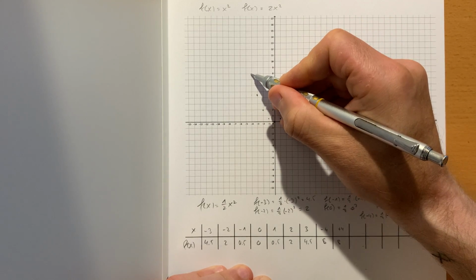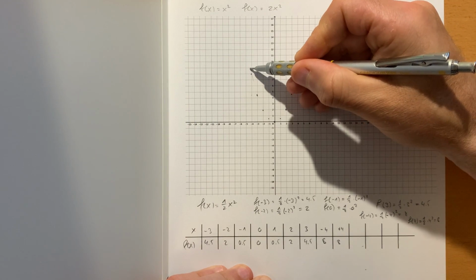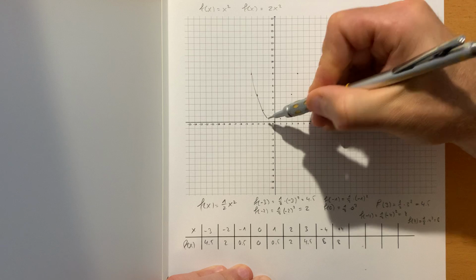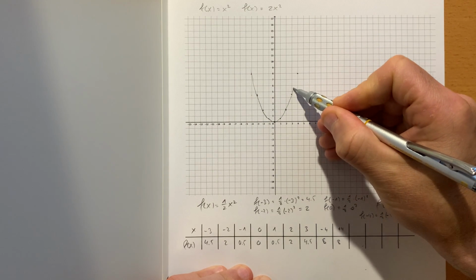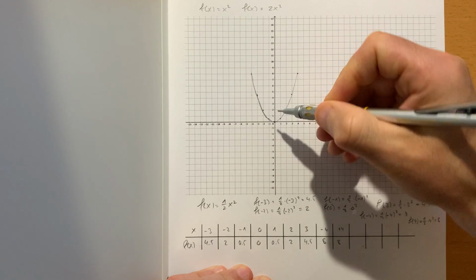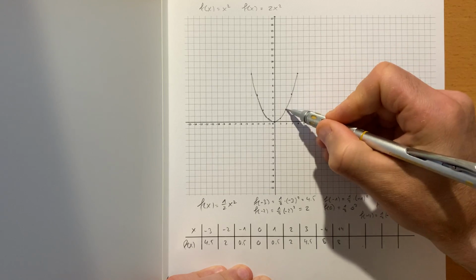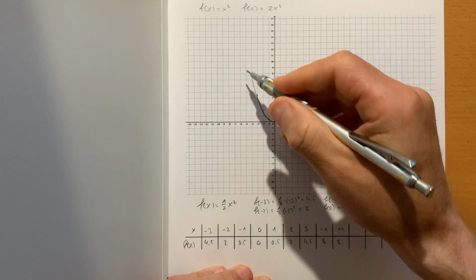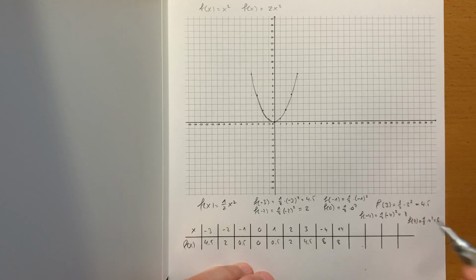Here we go. And now we can draw the graph. Again, in this smooth, rounded shape, we're going to draw our parabola. Okay? We could obviously calculate everything in between, but in order to get the gist of it, it's enough to calculate these few points. Okay?